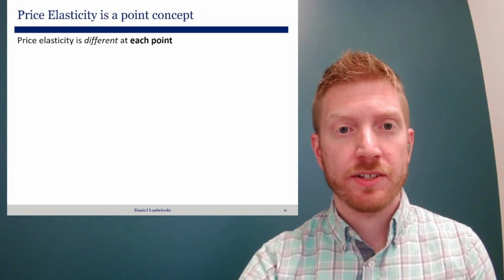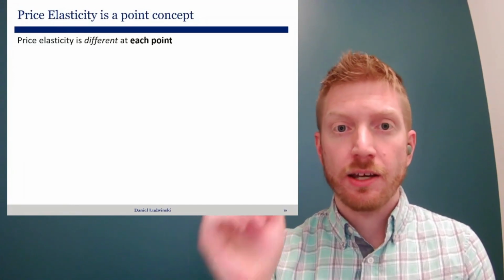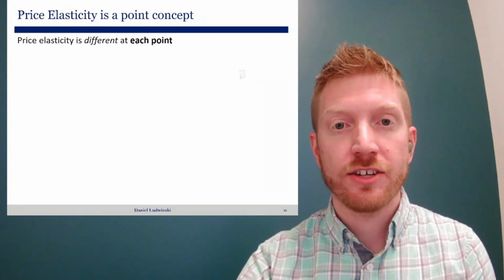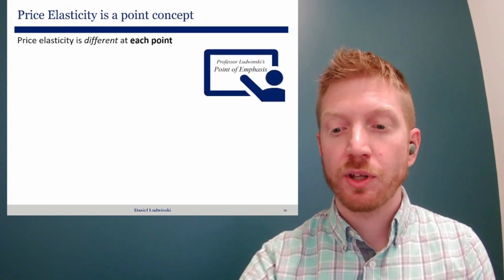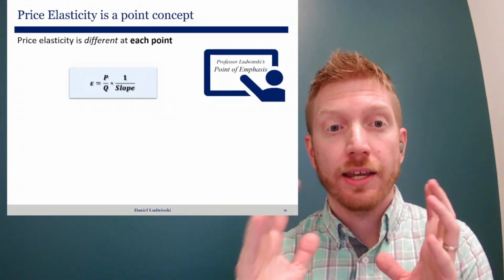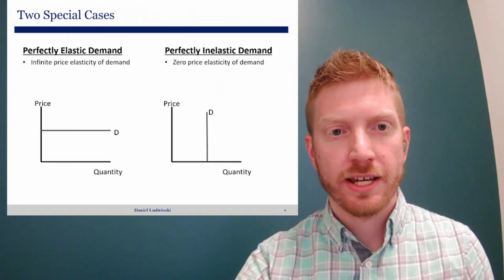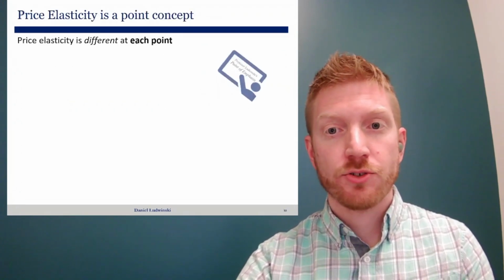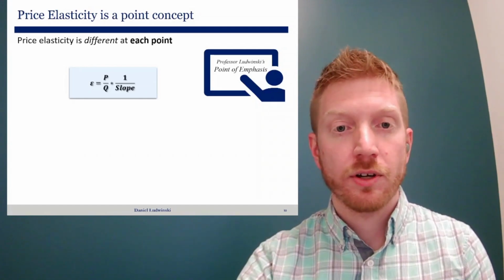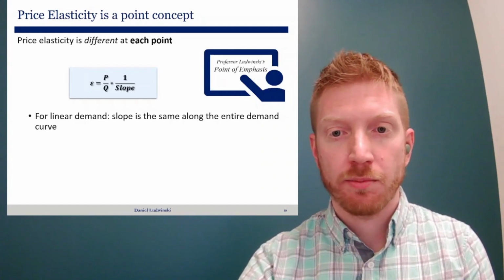The one thing I want to emphasize here is, as we can see, with a linear demand curve, price elasticity is different at each point. So I really want to emphasize here that elasticity, even though we're showing it on these special cases, is not true for a curve, for a demand curve. It's a point or between 2 points concept.